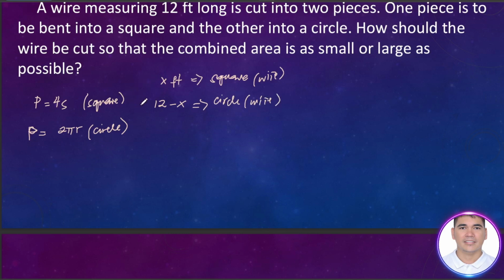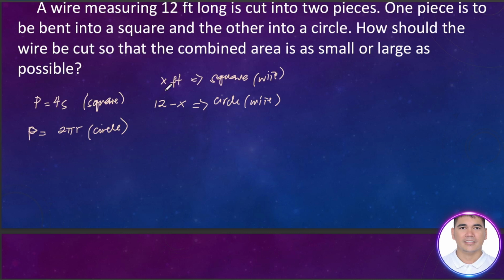So x plus 12 minus x equals 12. These can be interchanged, either one for the square and the other for the circle, and we get the same result.